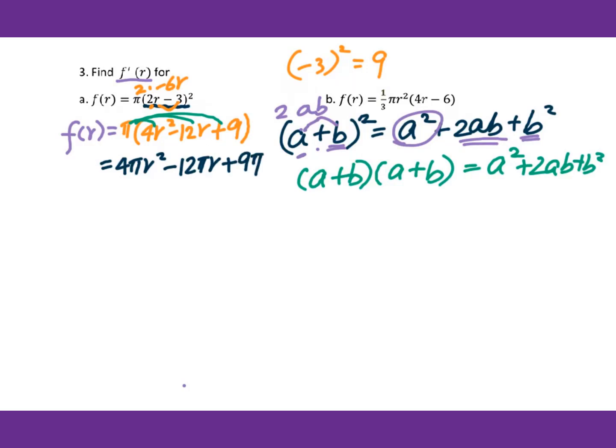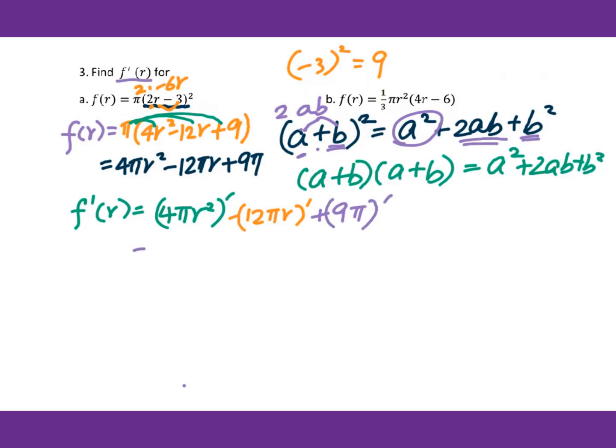Therefore, the f prime of r equals 4 pi r squared, we do the derivative, minus 12 pi r, we do the derivative, then plus 9 pi, we do the derivative. Pi counts as a constant number.